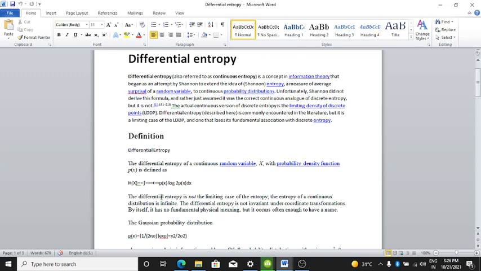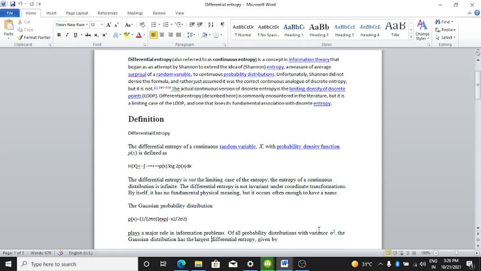The differential entropy is not the limiting case of the entropy. The entropy of a continuous distribution is infinite. The differential entropy is not invariant under coordinate transformation by itself. It has no fundamental physical meaning, but it occurs often enough to have a name.